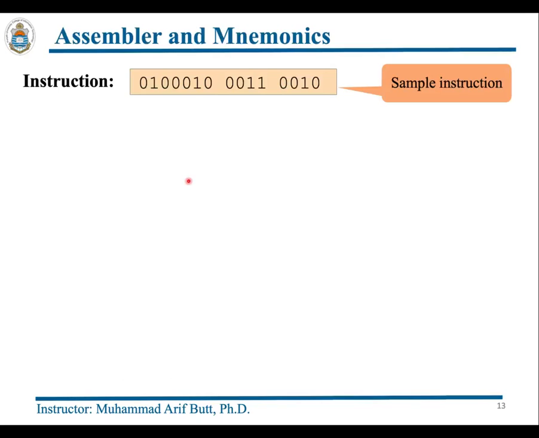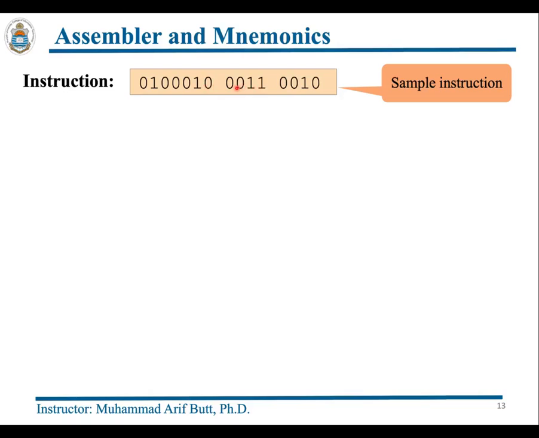But over here, let me touch upon some more important things that will help you to understand the next session. By now, we are quite sure that it is really difficult to understand what this series of zeros and ones actually means.